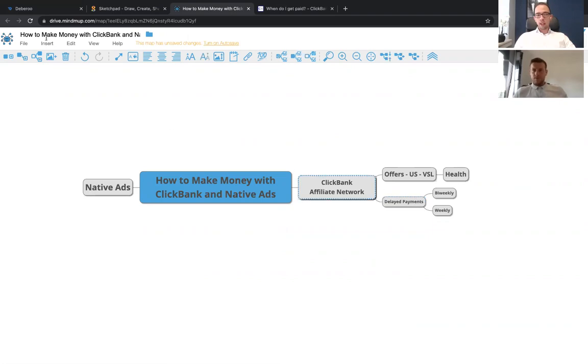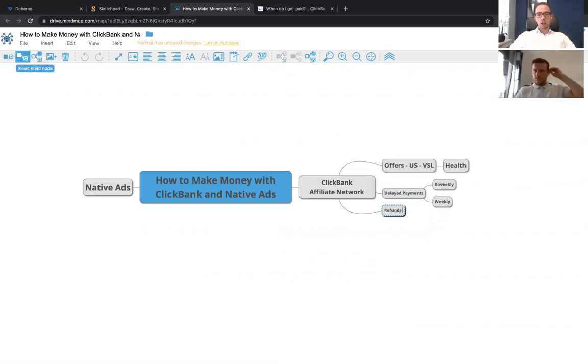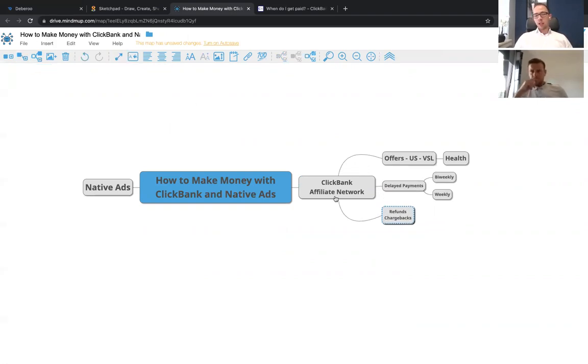The reason this is the case is because of the refunds and the chargebacks. So this is not a CPA network. They don't solely focus on CPA. With CPA, the chargebacks and refunds are calculated into the payout, which assures that the EPC is quite stable.